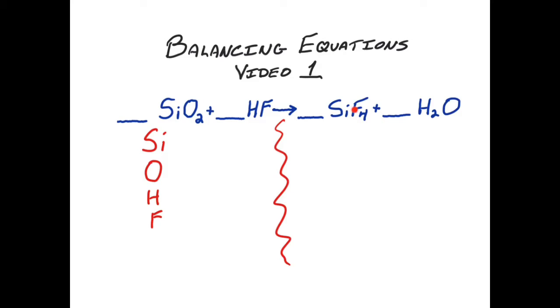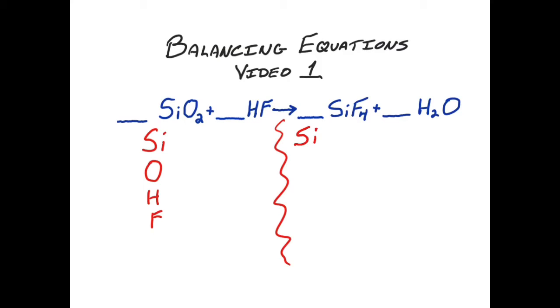Now, they're not written in the same order on the product side. That's fine. Write them in the same order that you wrote them originally. This is bookkeeping. I want Si straight across from Si. I want O straight across from O, H straight across from H, and F straight across from F. I want the simplest, cleanest way to see that my numbers are matching.